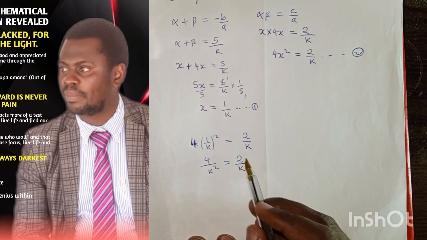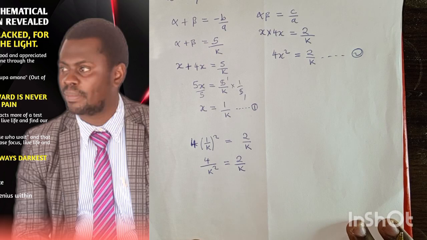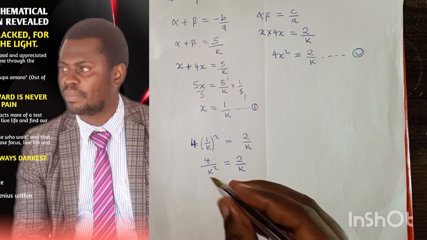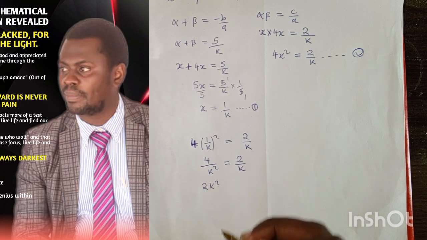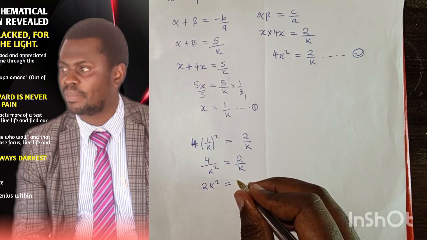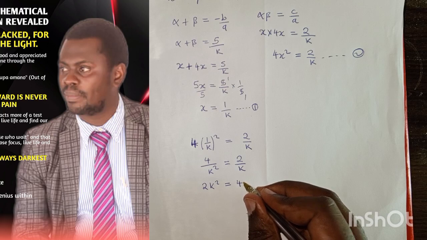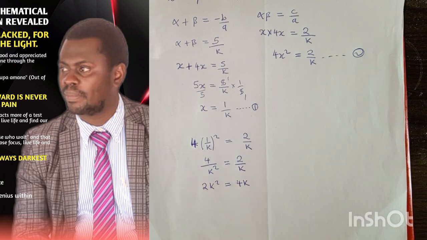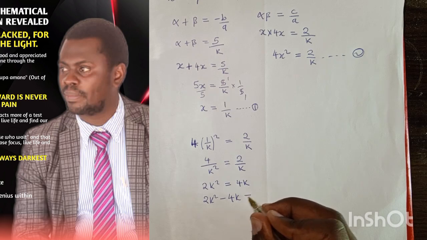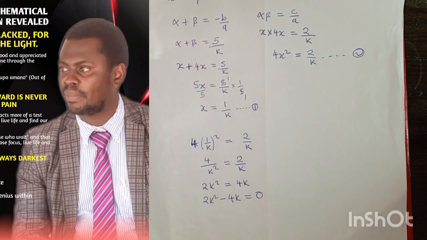Here we have a fraction and a fraction, so we can cross multiply. k squared times 2, you get 2k squared, is equal to 4 times k, you get 4k. Then we bring this 4k to this side. Here it is positive, when it comes this side, it will be minus. So we have 2k squared minus 4k is equal to 0.